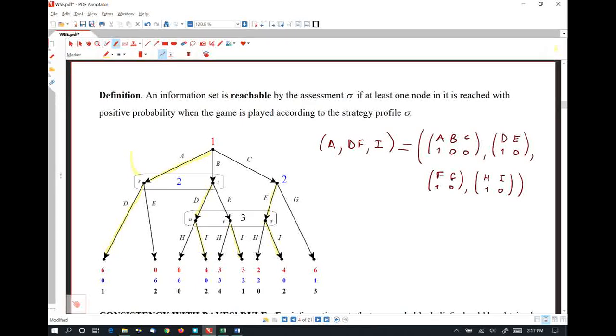This is reachable. In fact, it's reached with probability 1 because player 1 plays A. This node here is not reachable.